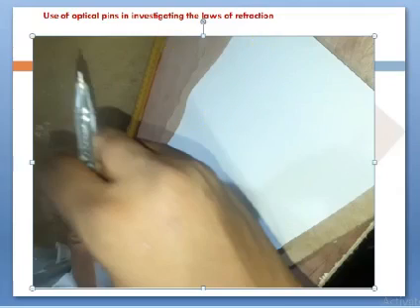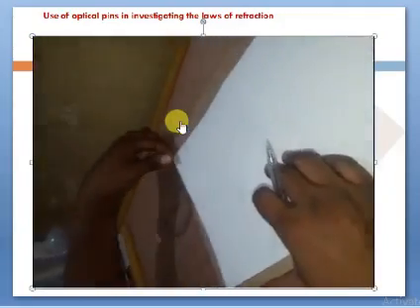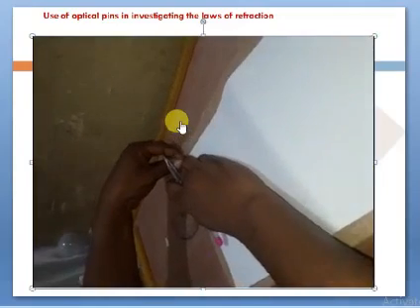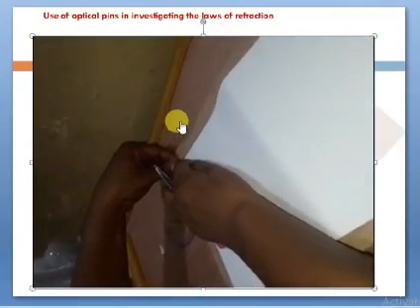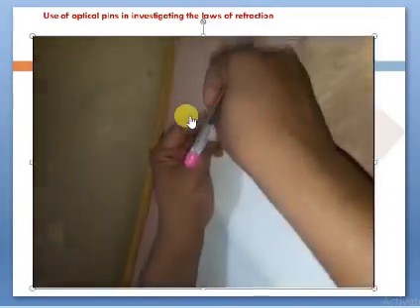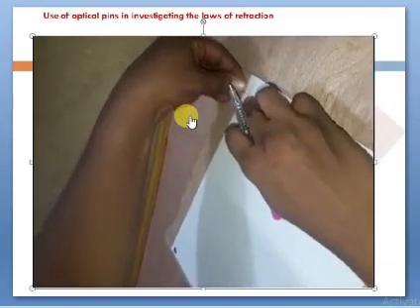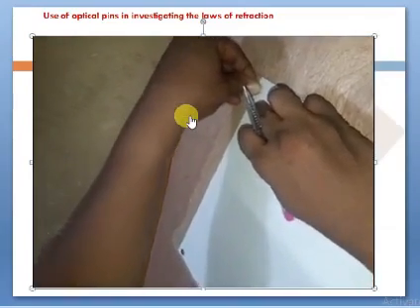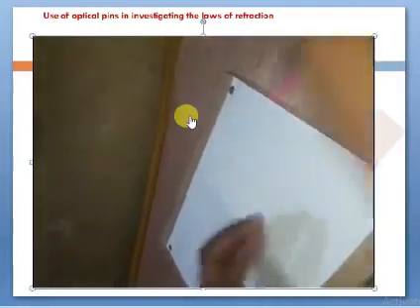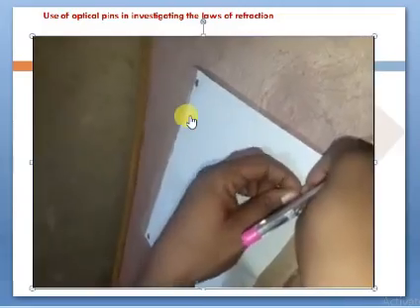Now we want to look at the use of optical pins in investigating the laws of refraction. You can see your softboard with your plain sheets. You use your thumb pin and hold your plain sheets on your softboard. We want to investigate these laws of refraction to know whether the laws are in order.